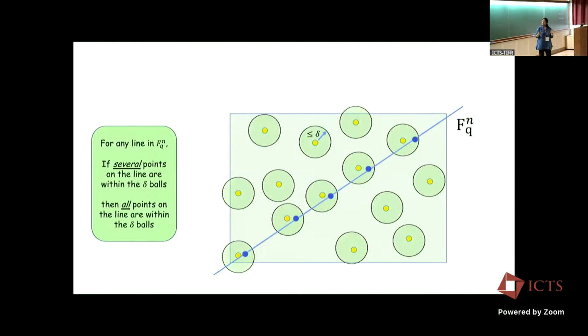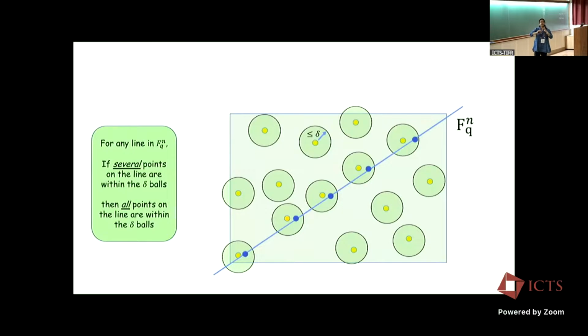The theorem we're going to see is of the following kind. Any line in this space, look at the q points on the line. Either just a handful of points on the line intersect balls of Hamming radius delta, but if more than a handful of points intersect balls of Hamming radius delta, then all points must intersect balls of Hamming radius delta.